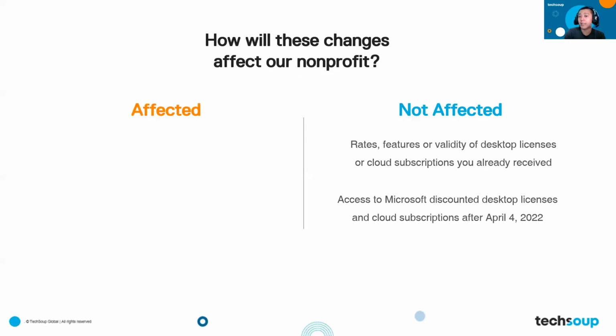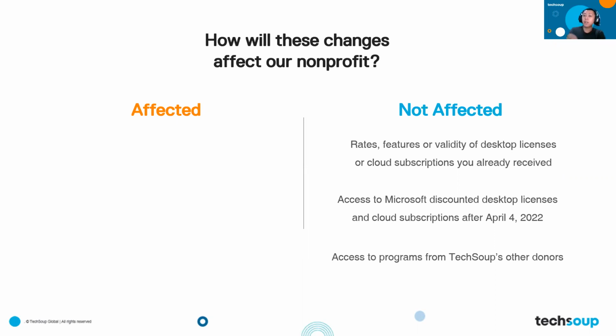Another thing that won't be affected is your access to either the Microsoft discounted program, which is the slightly pricier version of the donated license, and also the cloud subscriptions. Those are not affected at all, and they will remain available to you as eligible nonprofits even after April 4, 2022. And lastly, this change is exclusive to Microsoft, particularly that donated license subset.